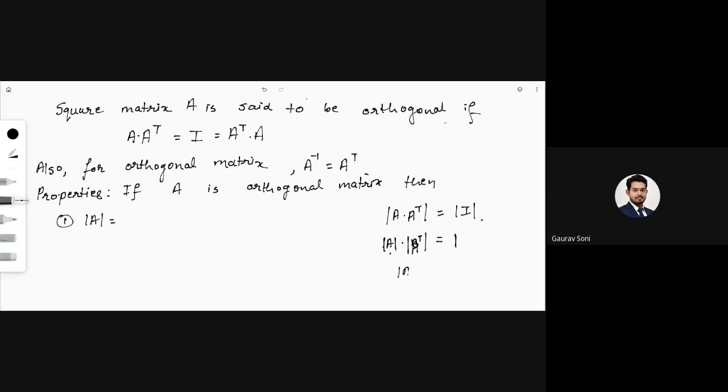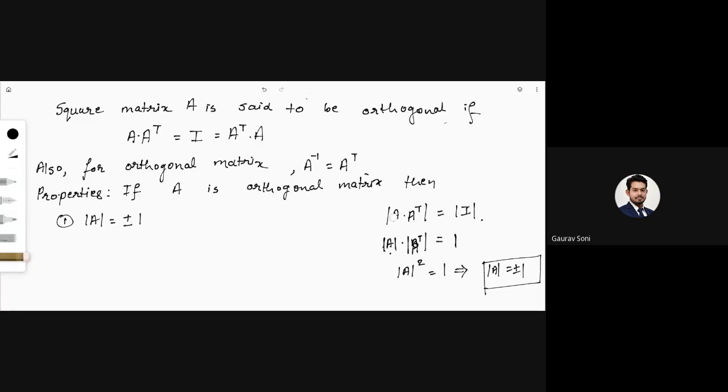So I can say that determinant of A square is equal to 1. So there are only two integers whose square is equal to 1, and so determinant of A is equal to plus minus 1. So if A is an orthogonal matrix, then determinant has to be plus or minus 1.